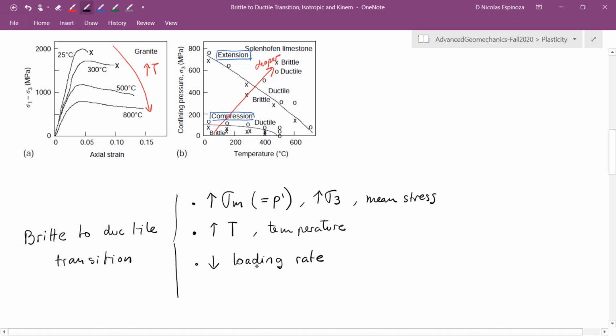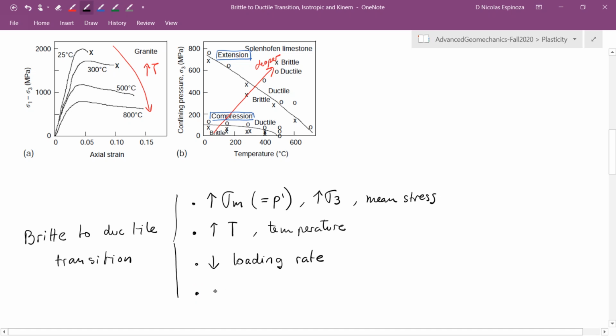If you load the same material very quickly, most likely it's not going to have that time to reaccommodate internally and may develop a brittle failure. So loading rate is also important.